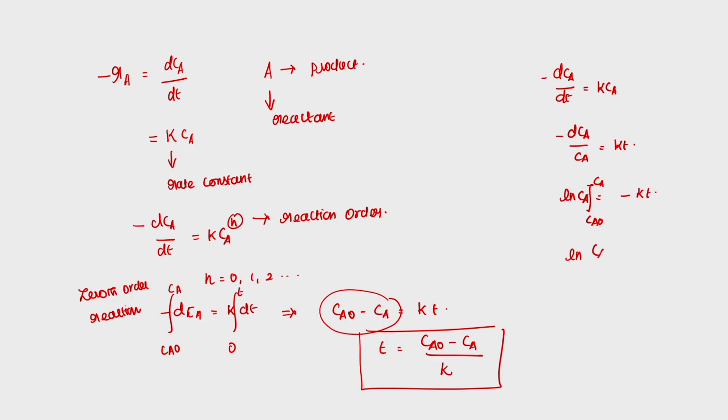So, ln Ca upon Ca naught, which is equal to minus kt, or ln Ca is equal to ln Ca naught minus kt, or from this if you take, then t is nothing but minus of ln Ca upon Ca naught divided by k, or if you put plus here, then it becomes Ca naught upon Ca.